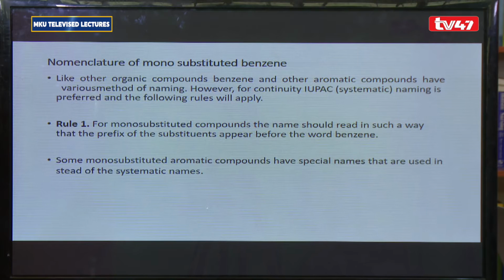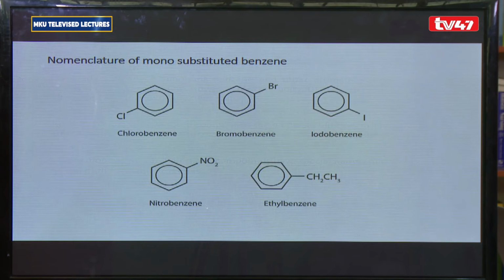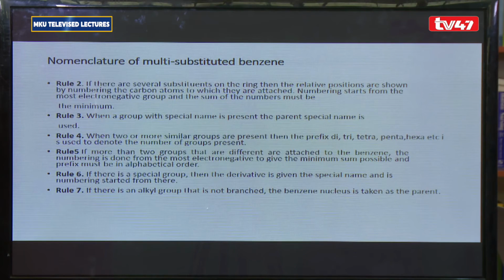So we look at some monosubstituted benzene compounds. You have benzene with a monosubstitution by chlorine, so we simply call it chlorobenzene. If you have bromine, then it is bromobenzene. If it is iodine, then it is iodobenzene. If it is a nitro group, then you have nitrobenzene, and so on. So that generally is simple.